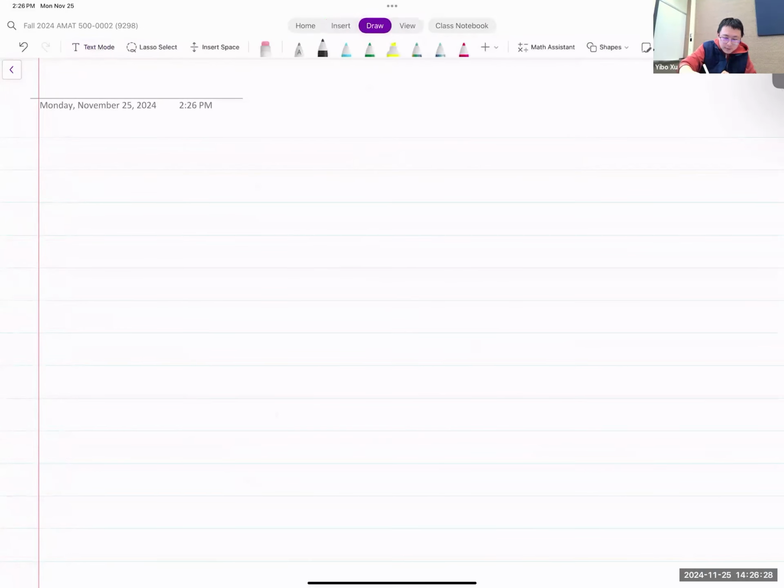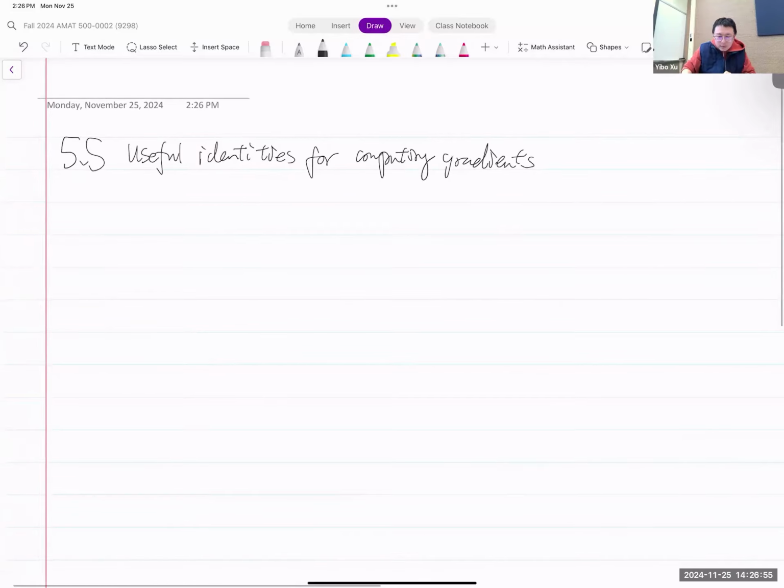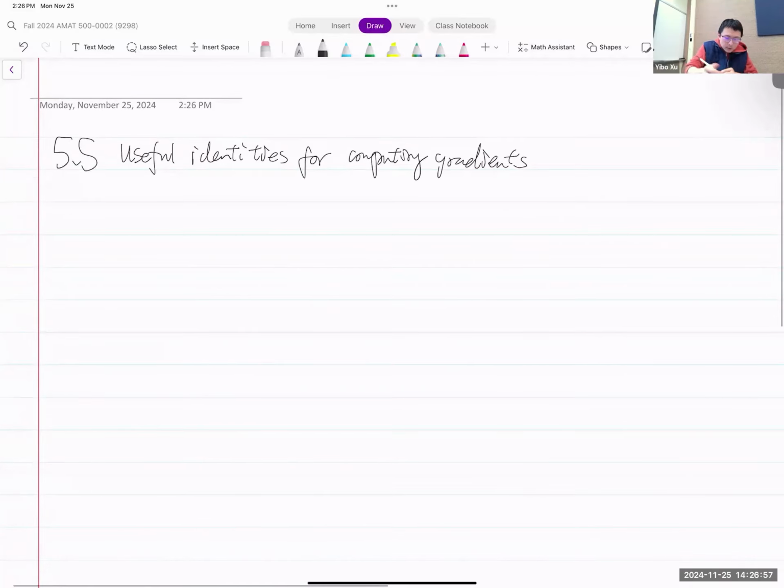However, I would say it's not that straightforward. So let's do that: useful identities for computing gradients or derivatives.